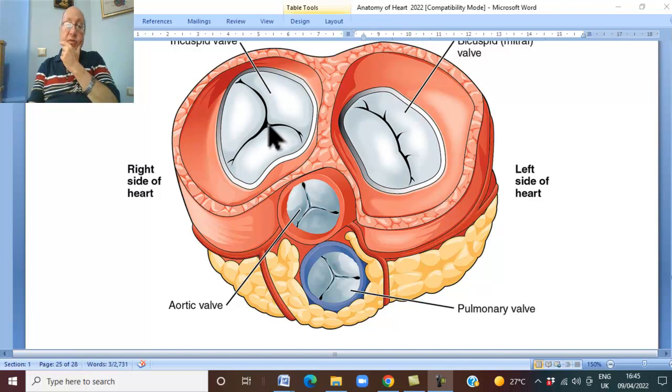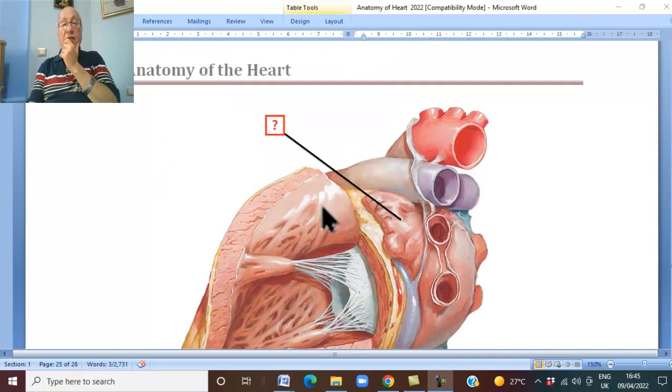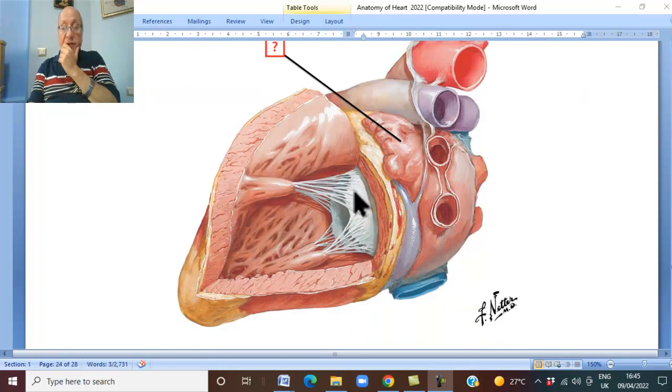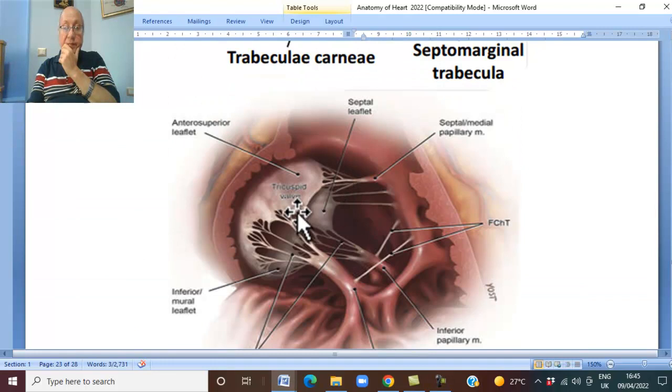The free margin of each cusp is attached to chordae tendineae arising from two papillary muscles.